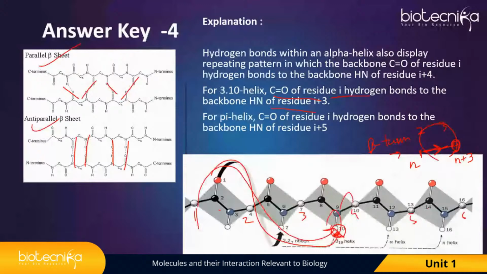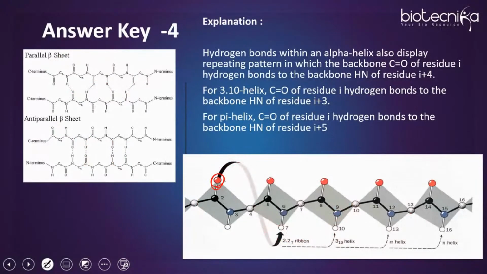That means this is how a beta turn forms. Now, how many atoms are present over here? If we start from the hydrogen bond acceptor to the donor, how many atoms are going in the backbone? We are not counting the side ones. We will only count the ones which are in the backbone. So 1, 2, 3, 4, 5, 6, 7, 8, 9, 10. That's correct. Beta turn indeed has 10 atoms in the backbone present in between acceptor and donor.